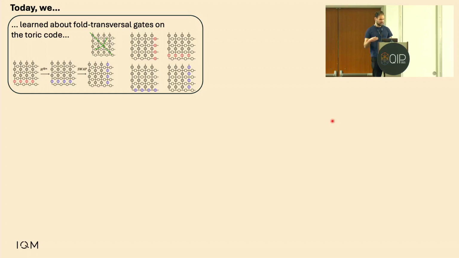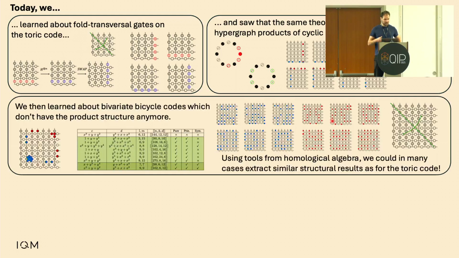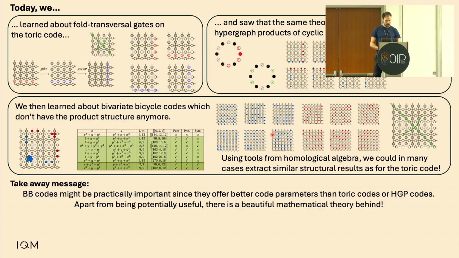For example, we can understand the action of fold-transversal gates. Then I tried to convince you that this holds whenever you have a product structure, and that you have a certain principality whenever you have a product of two cyclic codes. And then we worked very hard to see how much we can rescue of this when we dropped the product structure. And it turns out we can rescue quite a lot. For example, when the lattice sizes are odd, basically the same story still holds.